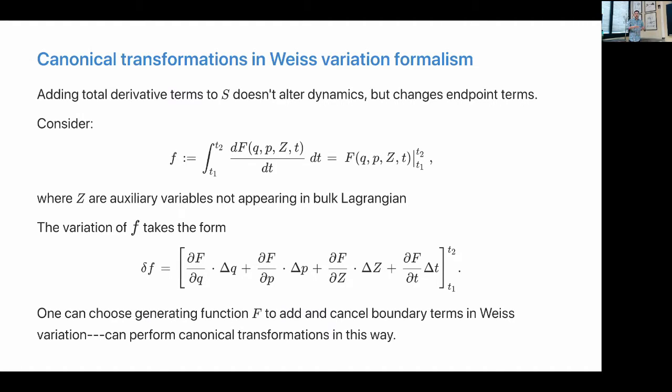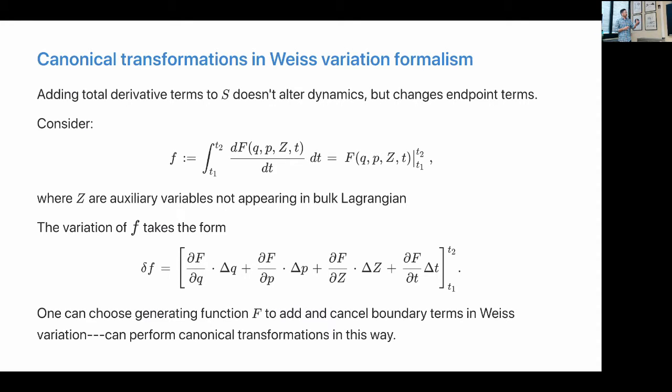So what's going on there? Whenever you add a total derivative, effectively what you're doing is changing the quantities that you have to hold fixed in the usual variation of the action.